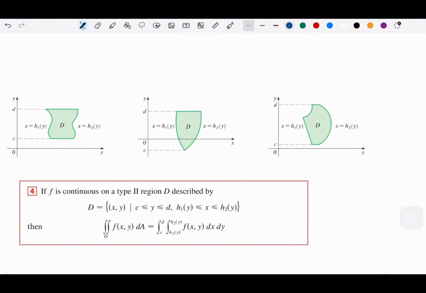Let me go through some examples to see the practicality of double integrals. Most problems in double integrals wouldn't have any difficulty with the techniques, because if you remember Calculus 1, we have several techniques.